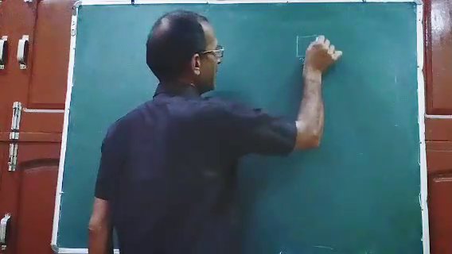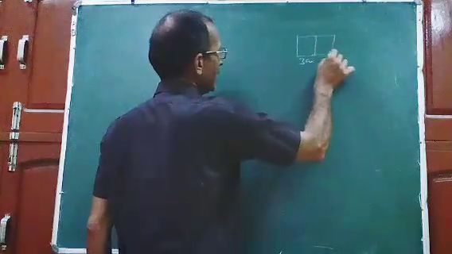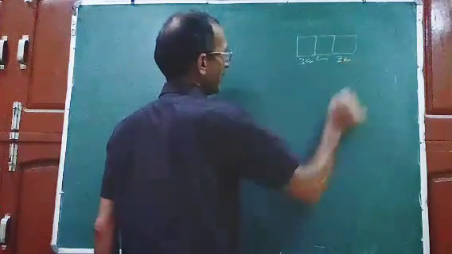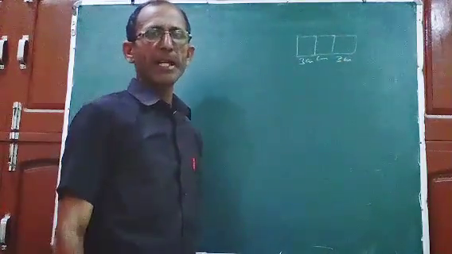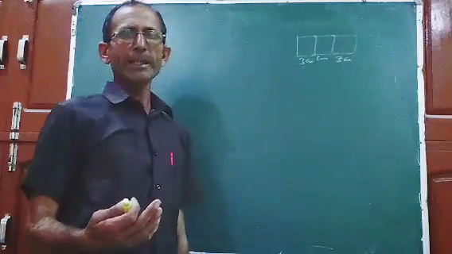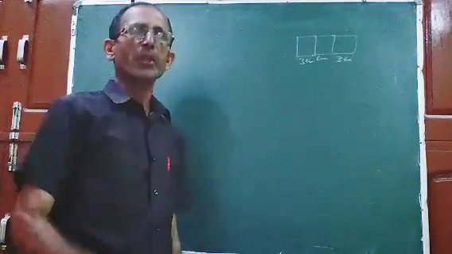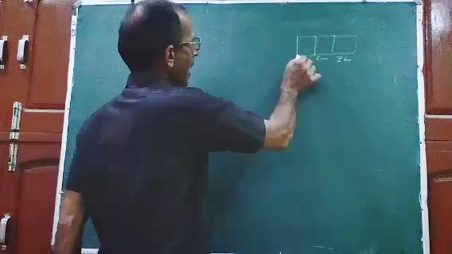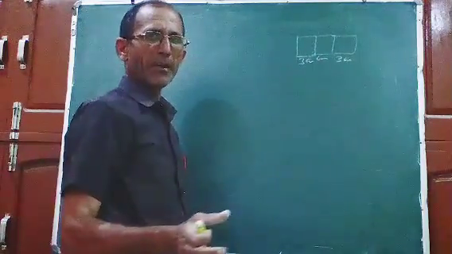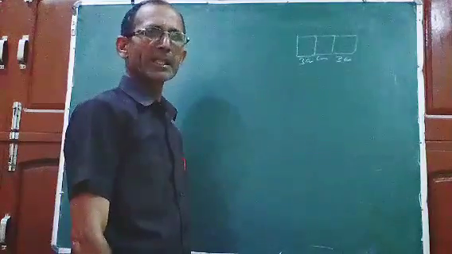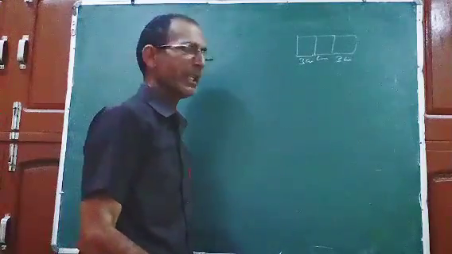This is 3 centimeter, this is the second 3 centimeter, and this is the third 3 centimeter. So 3 cubes are joined. The resulting solid will be a cuboid, because the side of the cube is 3 centimeter. Now we will arrange 3 cubes joining to each other. It means we will get a cuboid.